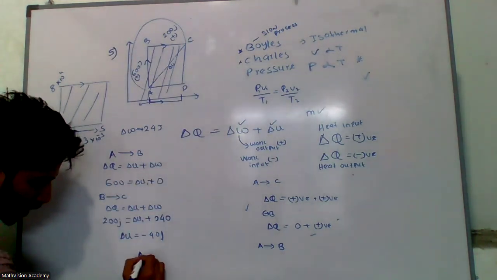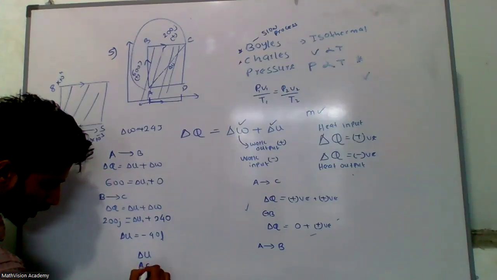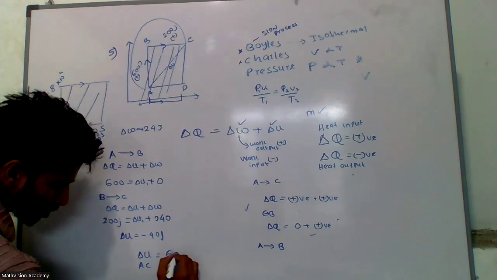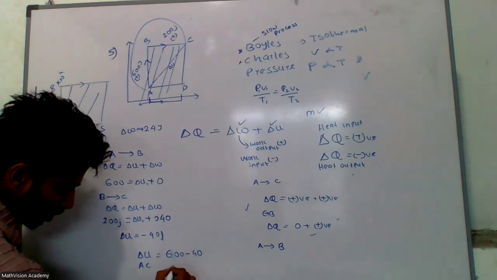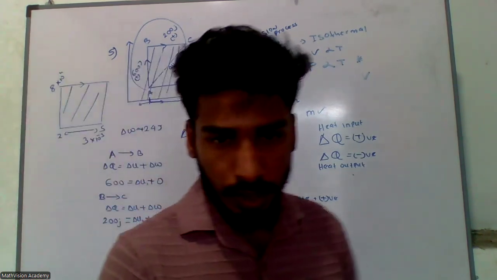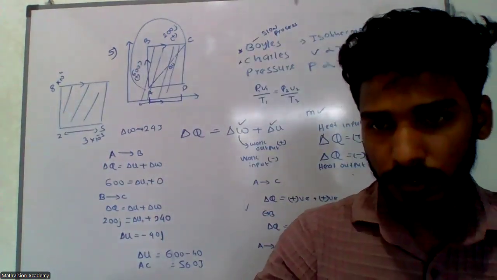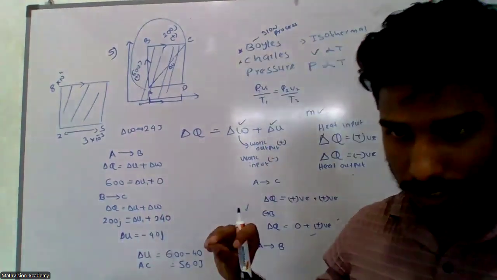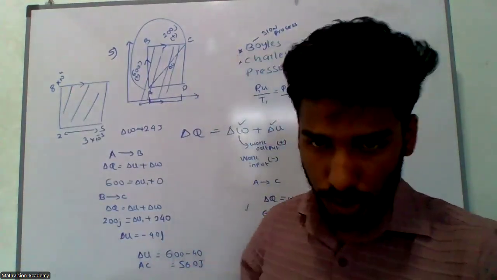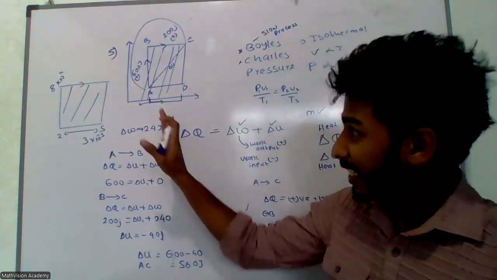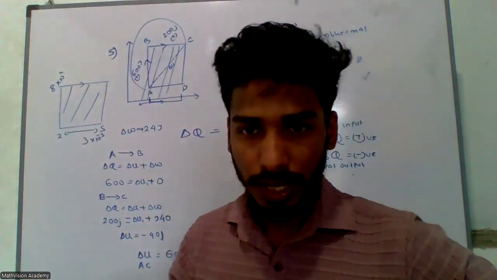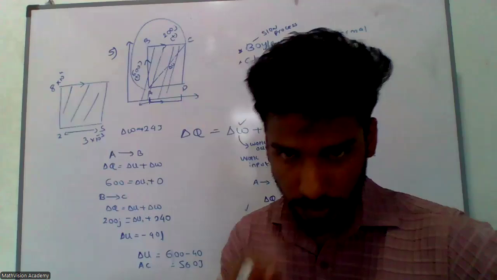So you can see the total energy change from A to C will be around 600 minus 40, which is 560 joules, which is your answer number 2, okay? So just see how to deal with the sign convention. If the gas is expanding, work output, that is positive, and see there's a straight line, which means it's a constant volume process, work done is 0, okay?